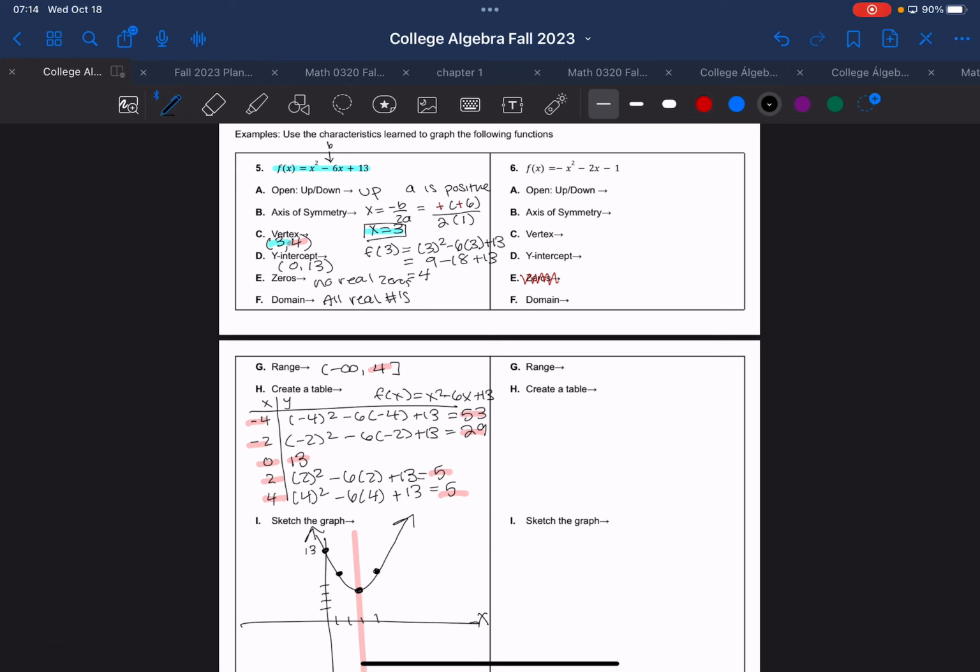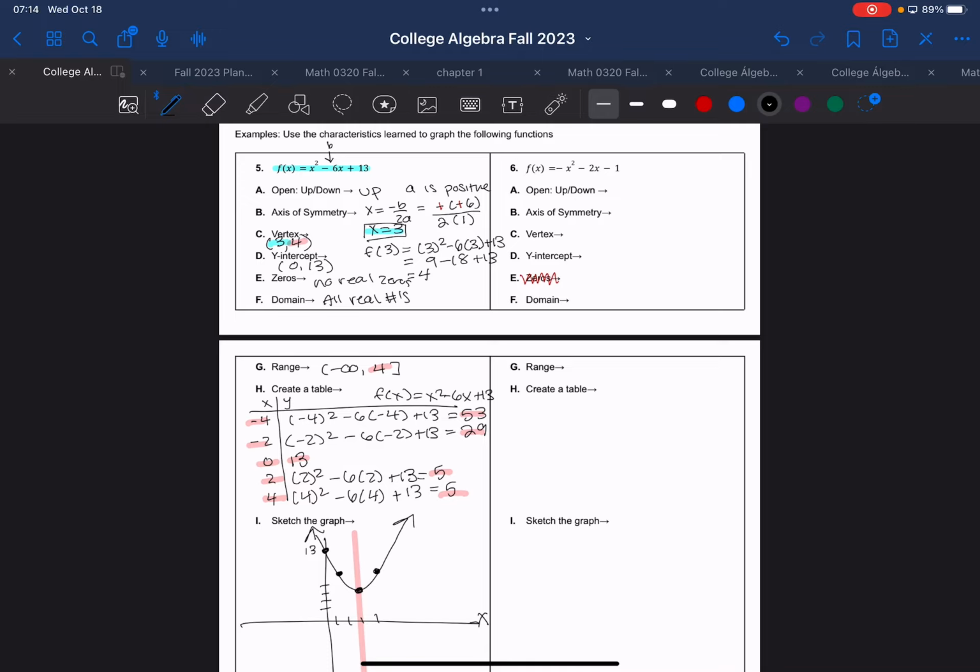Okay. So we would go through all those steps to graph a quadratic function from scratch. There will be a problem like this on the test.